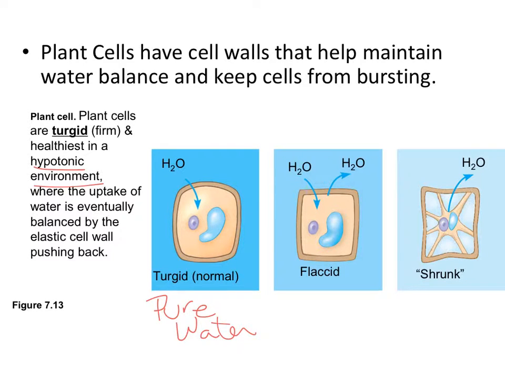Here we have the isotonic solution, and this would be like a wilty kind of a plant because there's no pressure pushing out against that cell wall. And then this last one, this would be salty water.